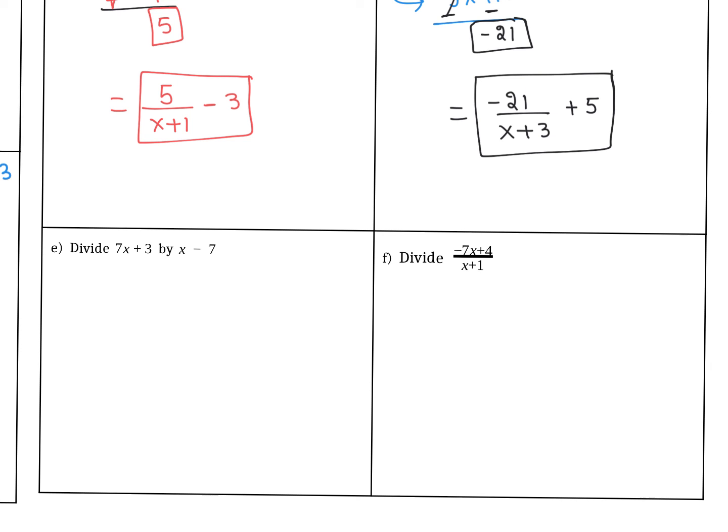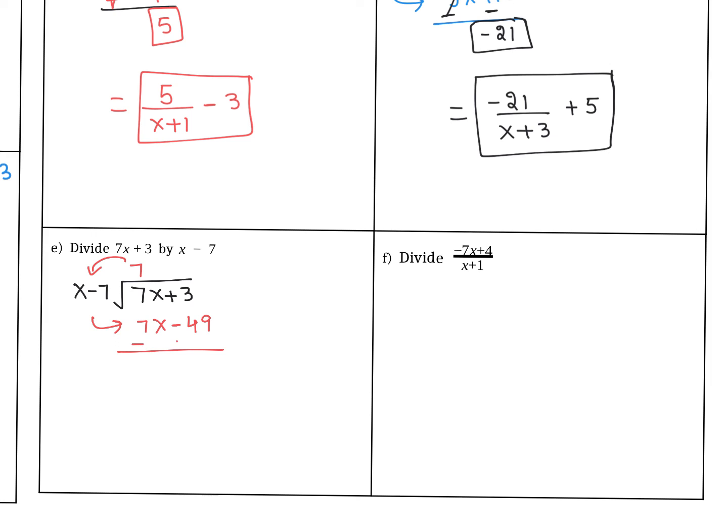Letter E, we are dividing 7x plus 3 by x minus 7, and you're going to choose the number 7. When you multiply it with x minus 7, you get 7x minus 49.